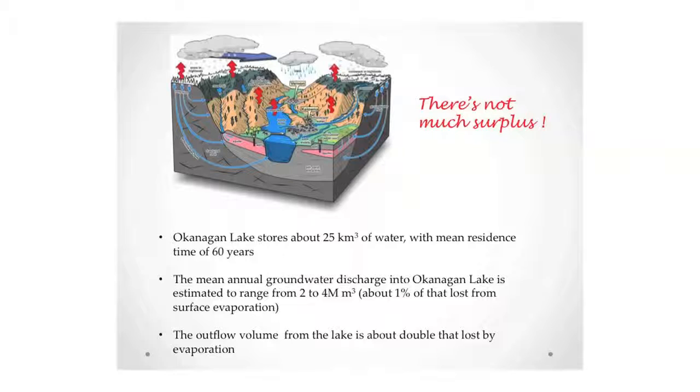Most of it, I'll get into a little more detail later, does end up in surface stream flow at some point, but a small amount of it does work its way through the groundwater system and into the lake, and we get about 2 to 4 million cubic meters of groundwater feeding the lake. But to put it into perspective, that's only about 1% of the amount that's lost through surface evaporation. And the outflow volume of the lake is about double that lost by evaporation. So we lose water through evaporation and through outflow down through the lake.